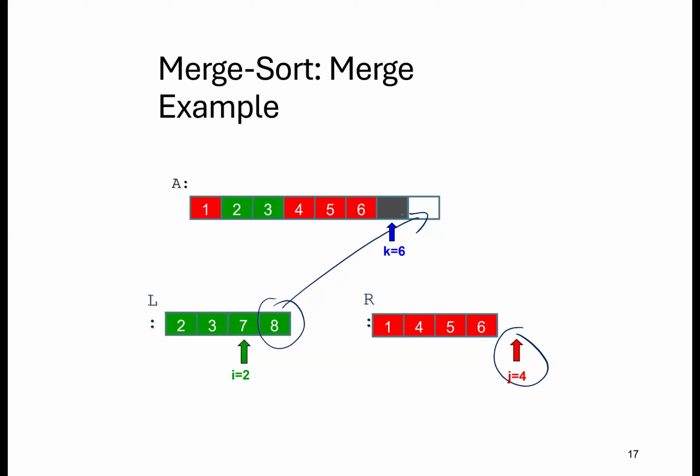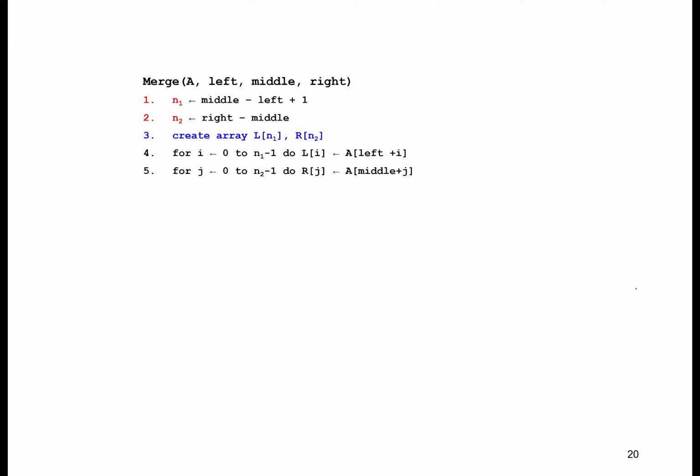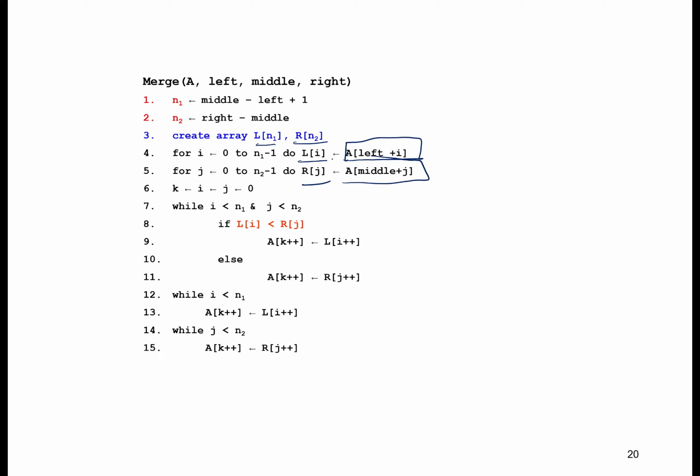The important thing is that here we needed this extra, auxiliary memory, right? So we are done, and this is the code for it. We create the extra memory, and then we copy the first part into the L array and the second part into the R array, right? And then we have pointers i and j, and both of them are pointing to the smallest element in the respective parts.